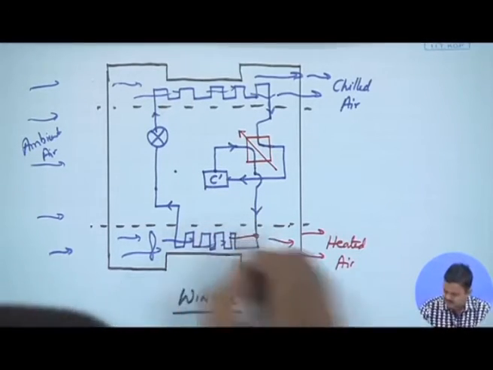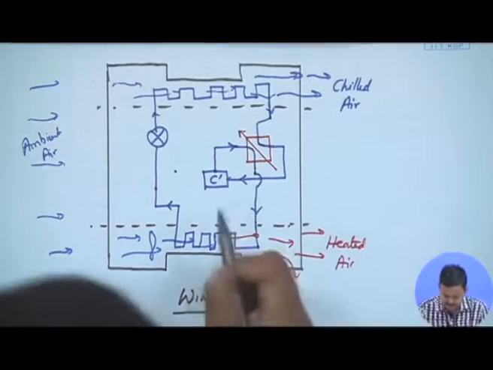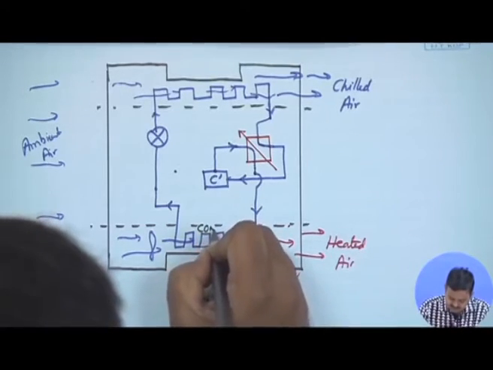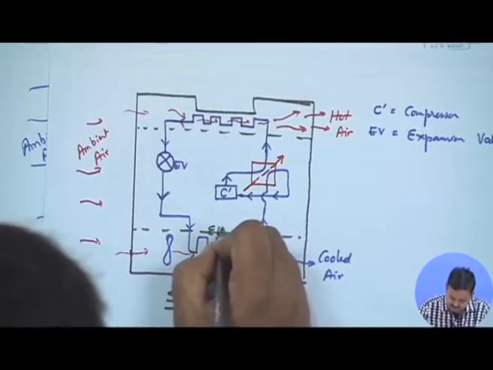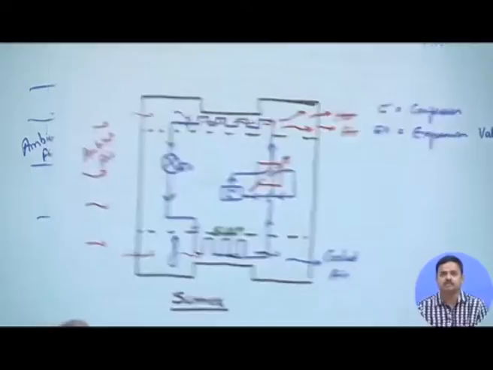Clear? So, let me write it down again here with maybe the green ink. So, this is the condenser in winter and this was the evaporator in summer.